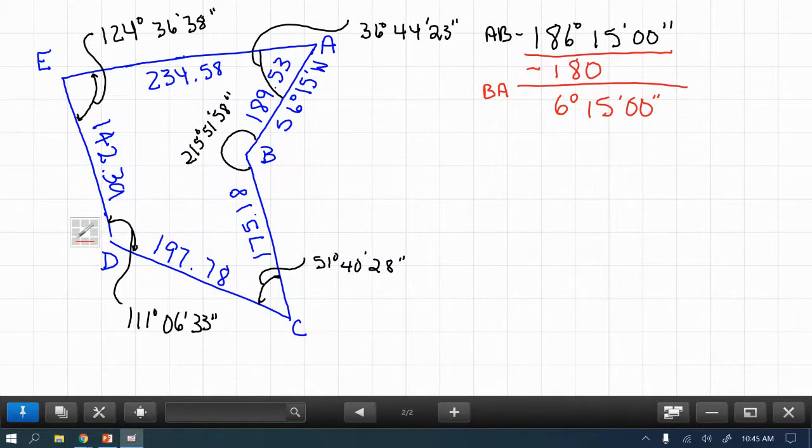Okay, so my first angle for B, and I think some of you asked me this too, is 215 degrees, 51 minutes, 58 seconds. Can we subtract that? No, because it would be a negative. So what do I have to do? Add 360.